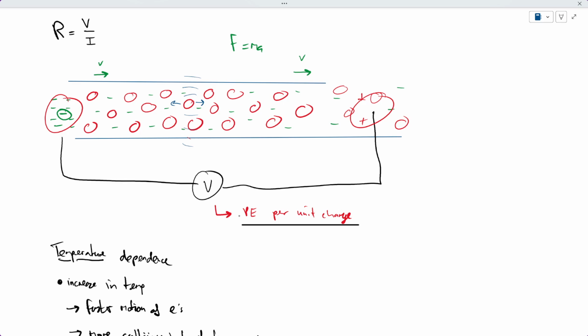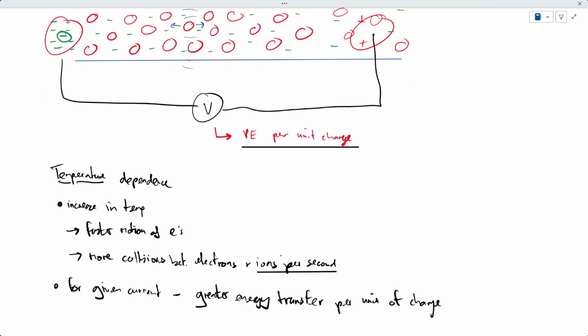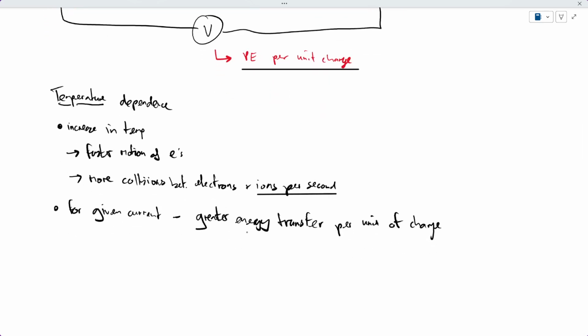So the potential energy difference between the ends is equal to the energy loss, or the energy transfer per unit of charge. So this greater energy transfer per unit of charge means greater potential difference for a given current.